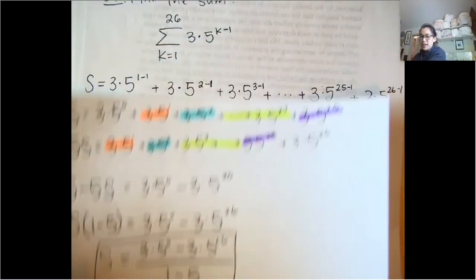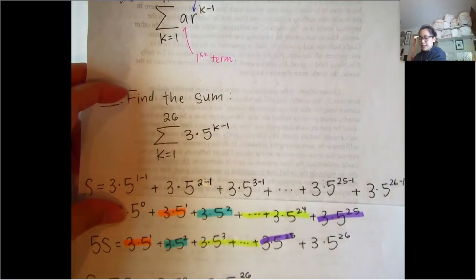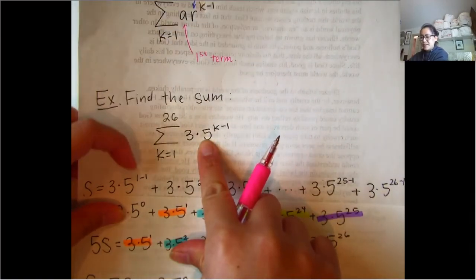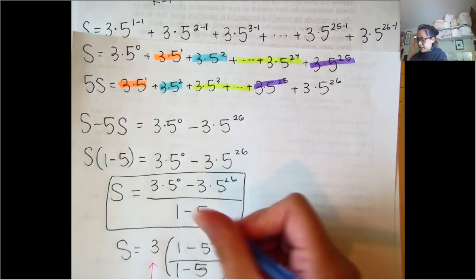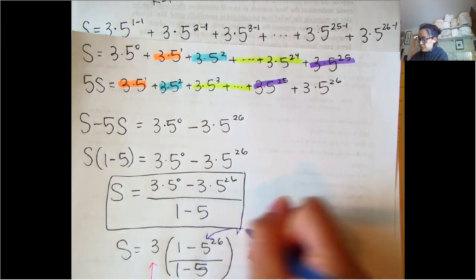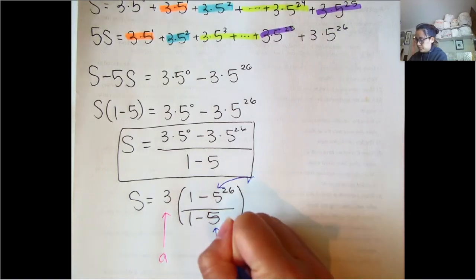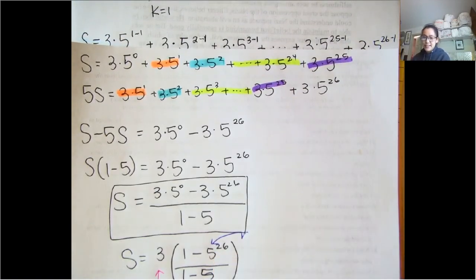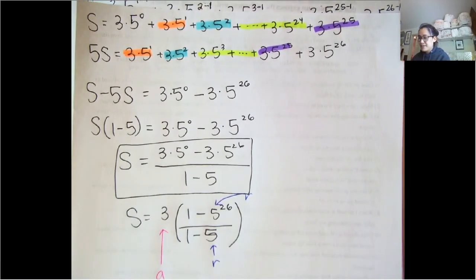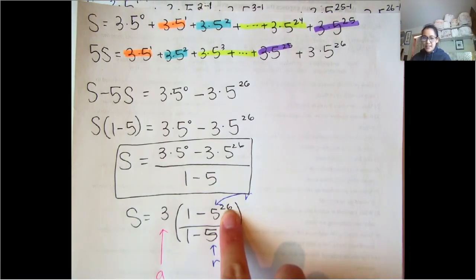So if you're looking at the original problem, the 5 is the base or the common ratio. So this is R. And then the 26, of course, is the number of terms. So this is going to be N.